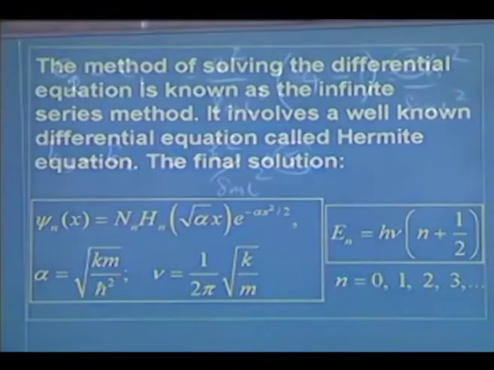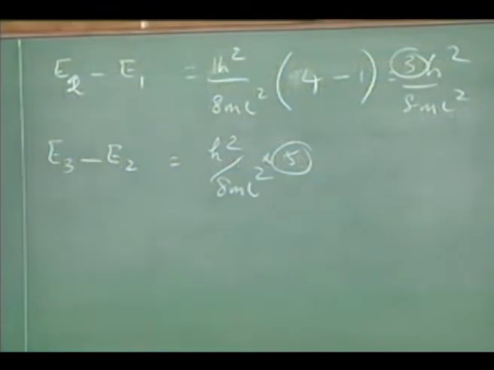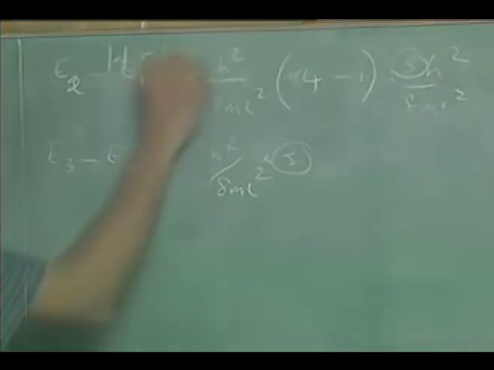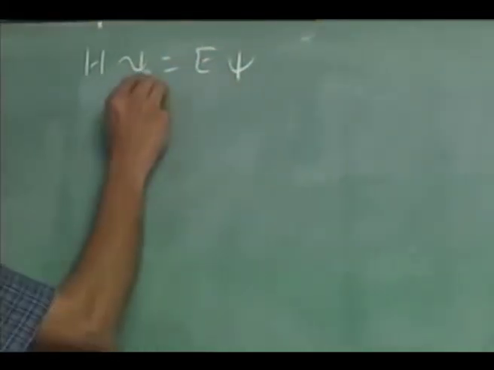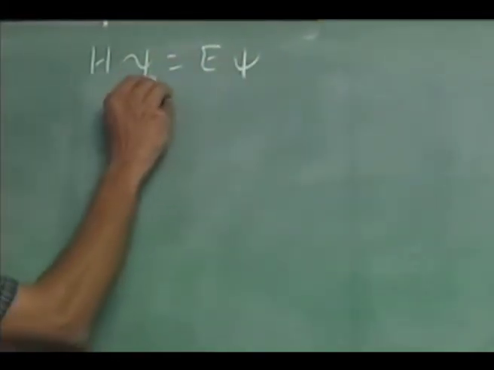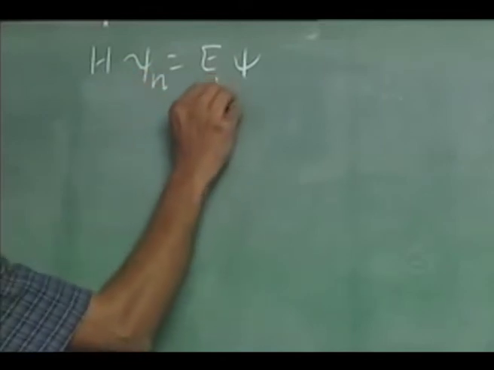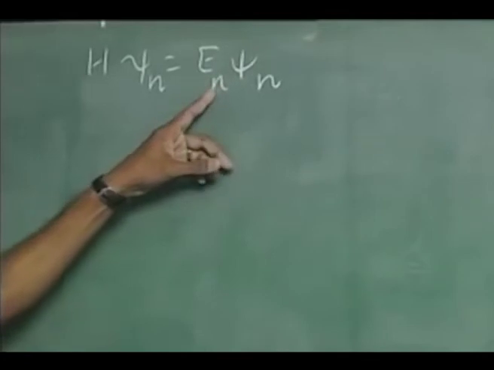What about the wave functions? Let's keep the solution H psi is equal to E psi at the top, and what I just now said means that H psi n is equal to E n psi n. Corresponding to various values of E, there are different eigenfunctions. What is psi naught of x?